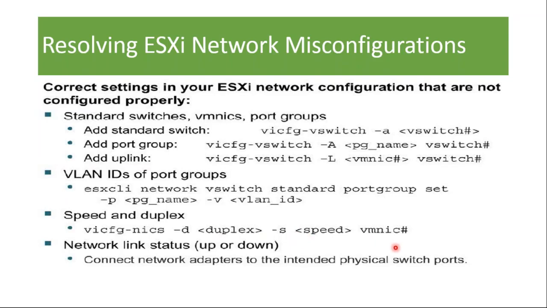Then you have to enter the specific physical Ethernet interface information: VMNIC0, VMNIC1, VMNIC2, whatever VMNICs are there for your ESXi host. That NIC information you have to enter here. And you can see up or down information here only. So using esxcli network nic list, you can see the up or down status. Okay.